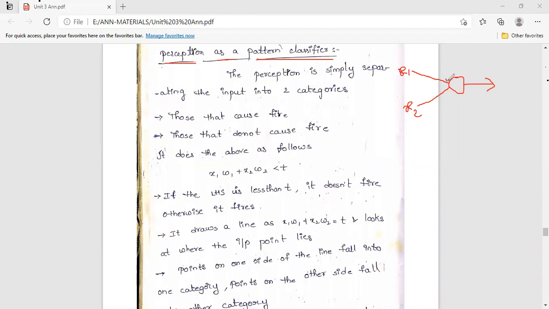Which kind of computations is it going to perform in this node or unit? Those computations are called classifications. At the start of this unit, we discussed the perceptron.